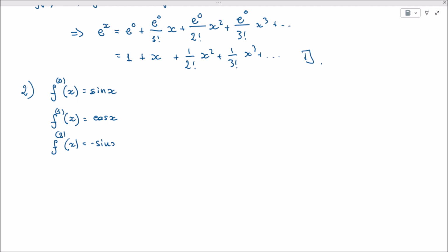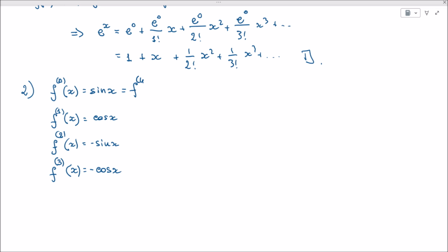The derivative of order 3 gives minus cosine of x. And the derivative of order 4 turns out to be exactly equal to the function itself, so f4 of x is equal to f0 of x.